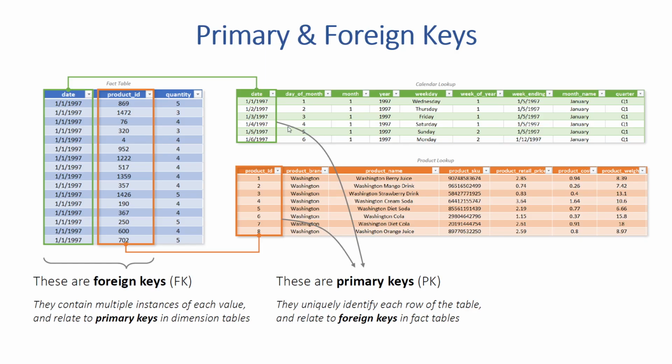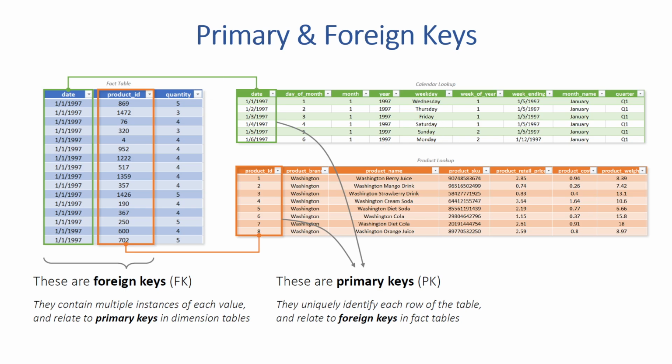The date and the product ID in the dimension table or lookup table are the primary key. The short form for primary key is PK and for foreign key is FK. The primary key uniquely identifies each row of the table, and each is related to the foreign key in the fact table, right?